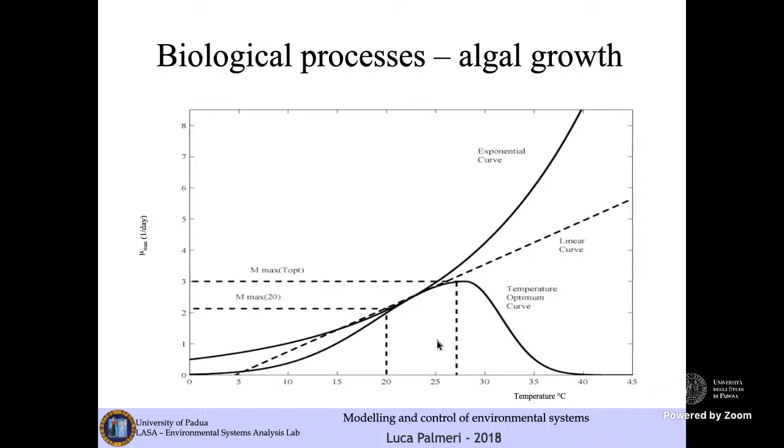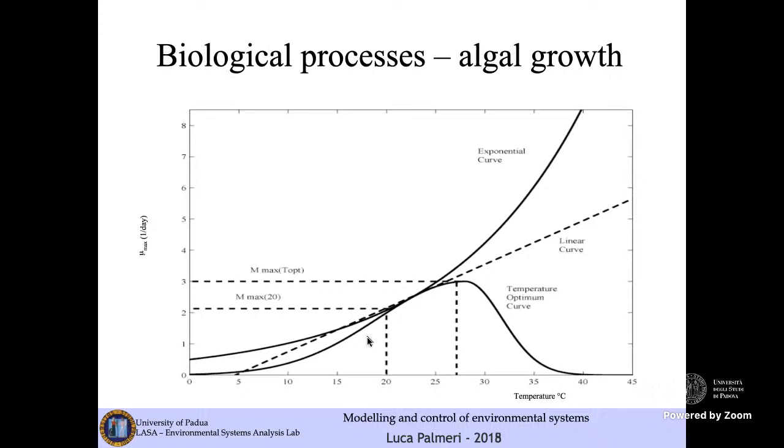In particular, if our algal pool is composed of several different types of algae, with different effects on the algal growth linked to temperature changes, then you may need to employ either a linear or an exponential curve, depending on whether or not there is a predominant algal species in the algal pool.